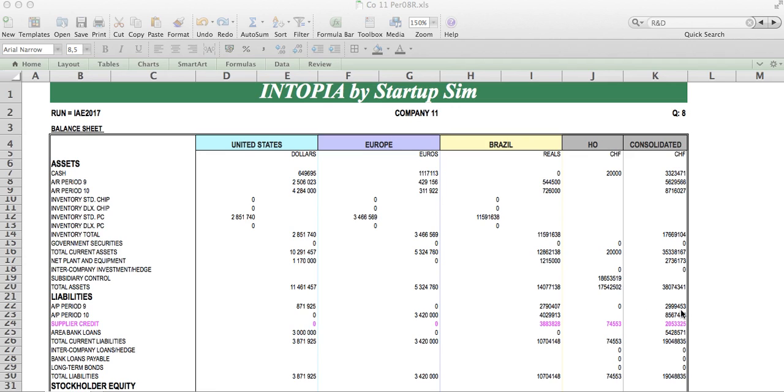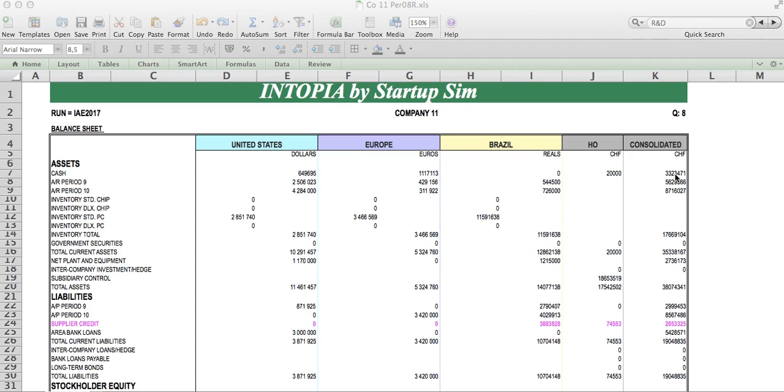Then the last column is called consolidated. What is consolidated? Consolidated is really an accounting evaluation of assets in the various areas, evaluated into Swiss francs, because as you know, all your companies are registered in Liechtenstein, and their equity is in Swiss francs, and therefore when we want to look at their financial situation, we need to put everything into the Swiss francs currency.